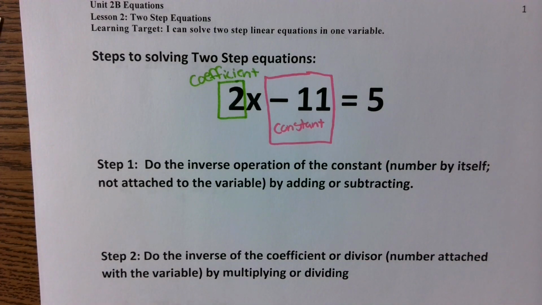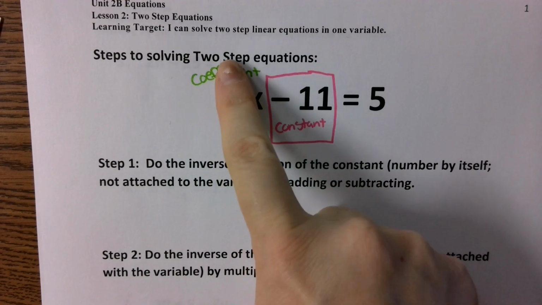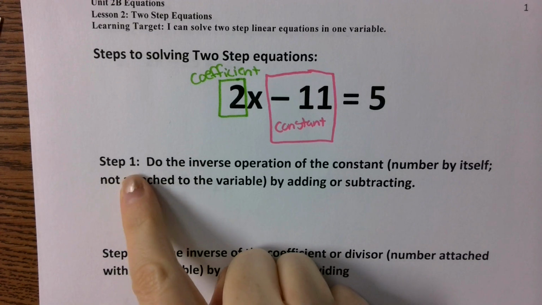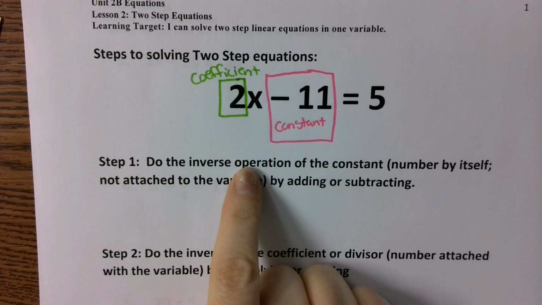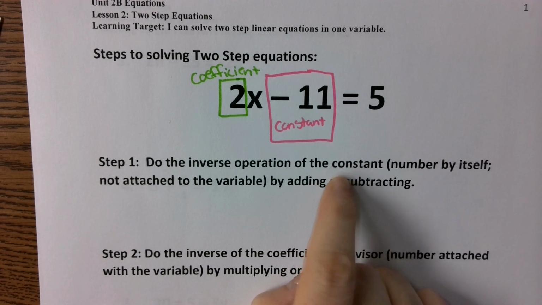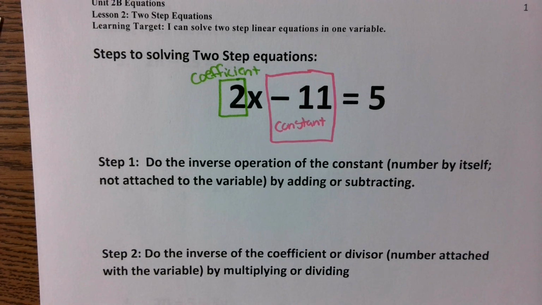Okay, so you need to understand the difference between your coefficient and your constant, because when we are solving two-step equations, that means we have two operations that we are going to be performing. The first operation that you're always going to perform is whatever the inverse of the constant is.